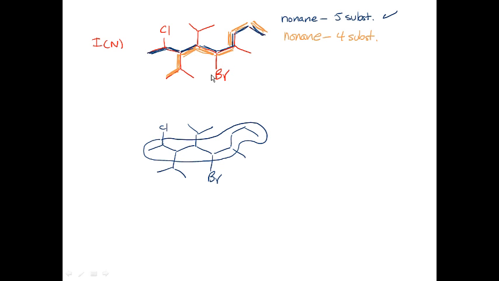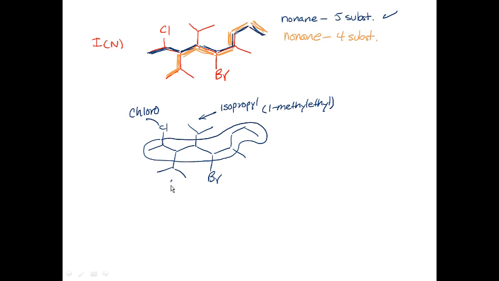All right, so we only have one possibility. What do I have attached? I got a chloro group. I got an isopropyl group, or what I would call then the 1-methyl ethyl group. So either one of these I can use.